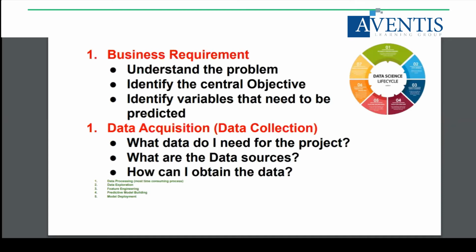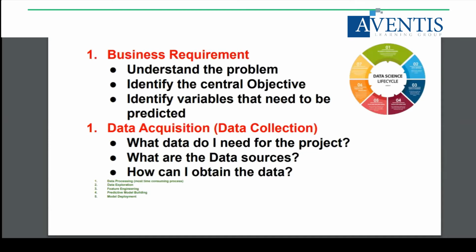So for this kind of problem, we need to identify or detect the disease at a very early stage, stage 1. So different fields, different problems, and we need to understand the problem first, and then identify the central object and identify the variables that need to be predicted.